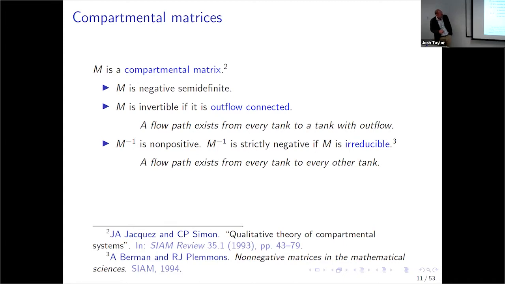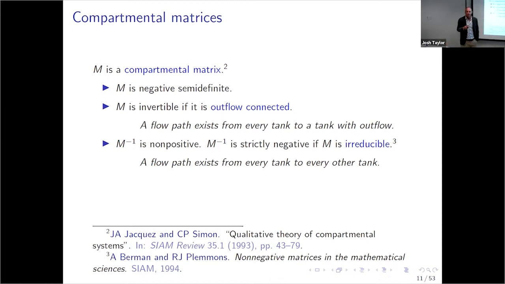And it is irreducible, we're guaranteed no matter what that the entries are non-positive, and they are strictly negative if M is irreducible. And that means that we can follow a flow path from any tank to any other tank in the system.